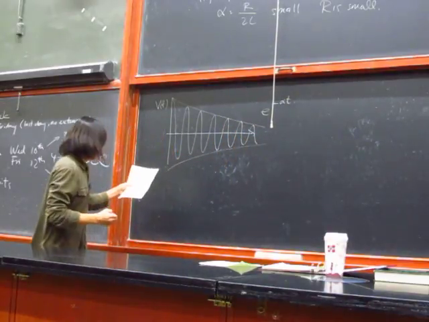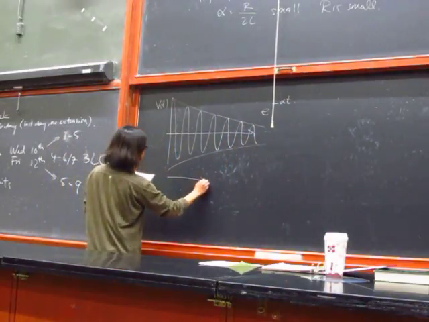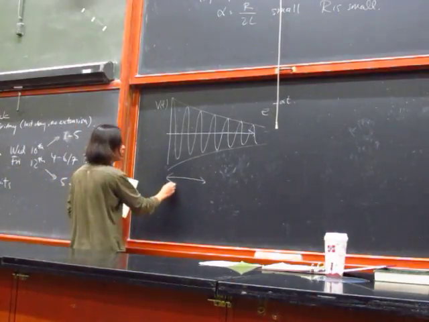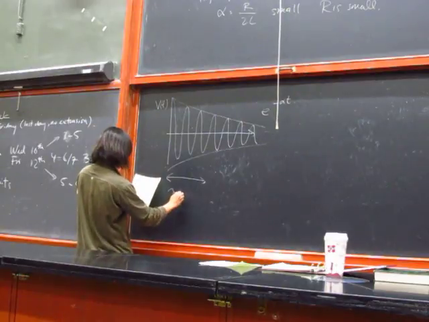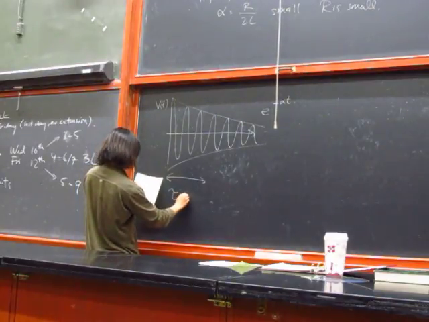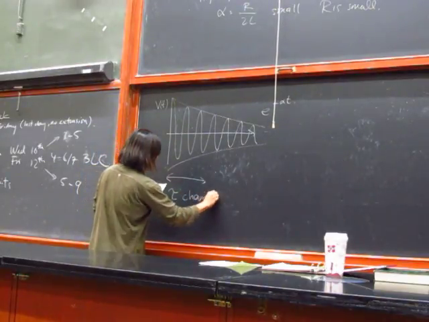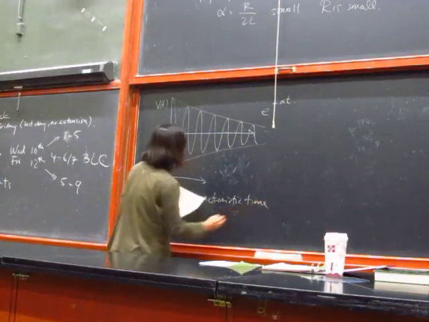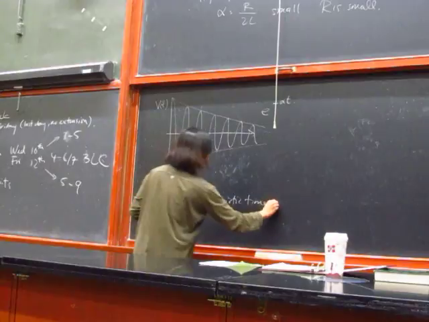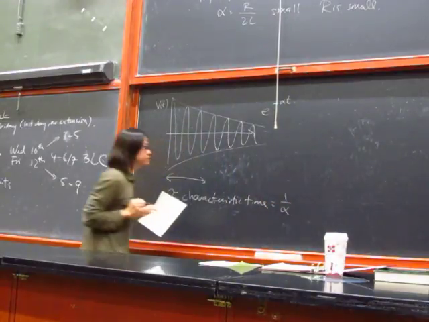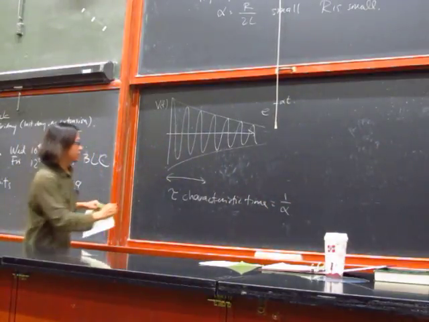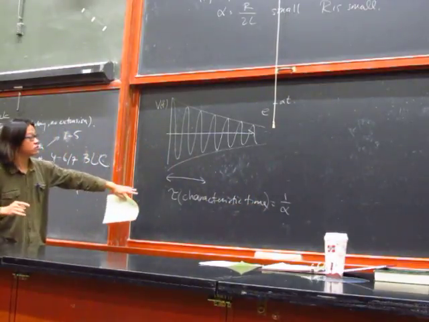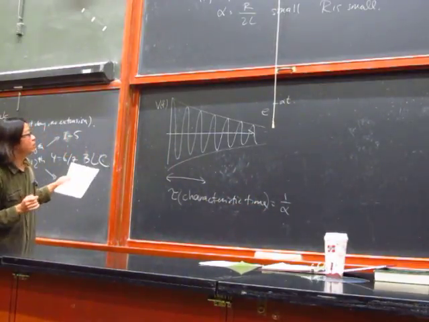And then the characteristic time of the decay, which is the time constant for the decay, tau, is just 1 over alpha. This is loosely speaking, by the way, because I will use tau for something else later on.